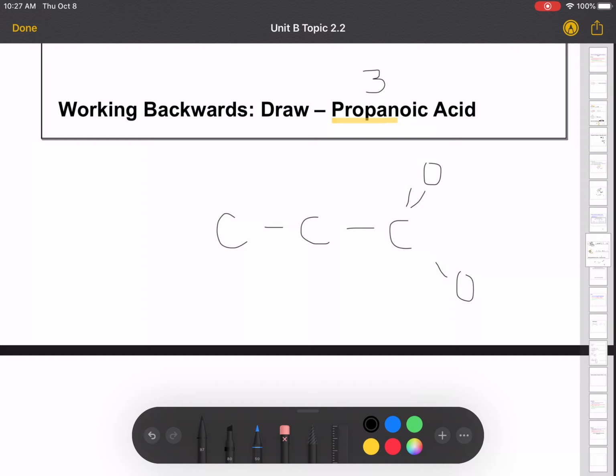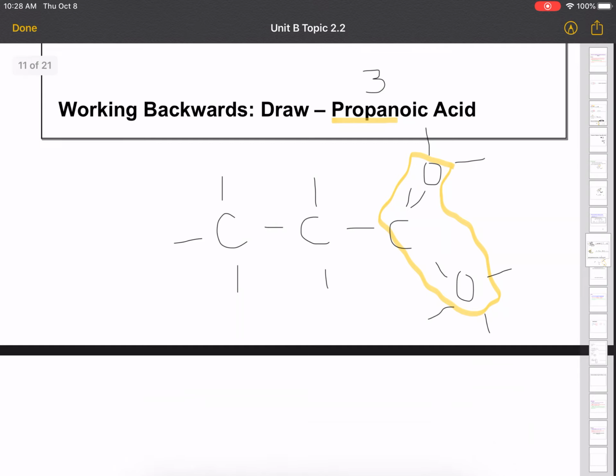If you really wanted to draw the H's, well, there would be 3 H's coming off that, 2 coming off that, 2 and 3. Okay, so that's how we would draw that, and this is our important part. Okay, that's our functional group. It's the double bonded O and the single bonded O on the end.